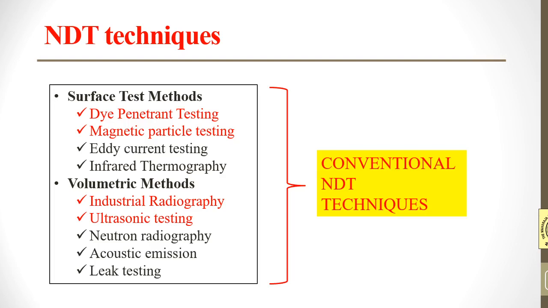Thereafter, volumetric defect detection techniques: industrial radiography, ultrasonic testing, neutron radiography, acoustic emission, and leakage testing. Now, these methods or techniques are used for detection of defects throughout the material, that is, throughout the volume of the material.